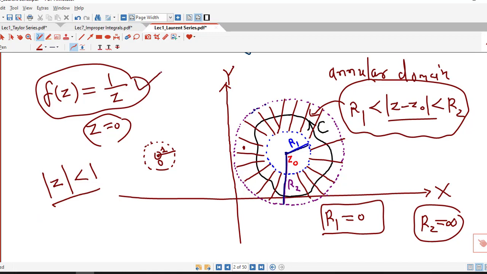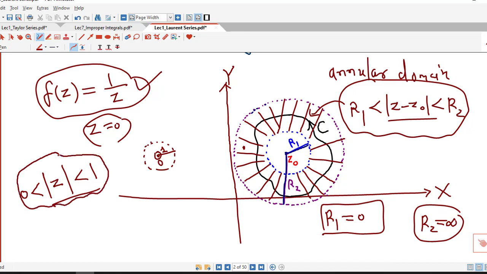So we cannot represent this function in powers of z using Taylor series or Maclaurin series, because this function 1 by z is not analytic in the open disk mod z less than 1. So what we can do is exclude the origin from this open disk. For that we have to consider the inequality absolute value of z is greater than 0.